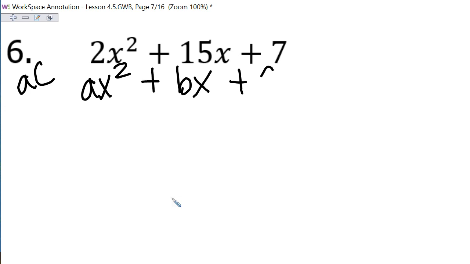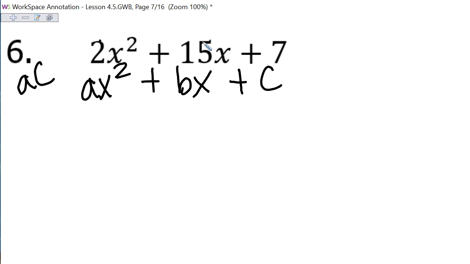So on Tuesday when we were doing the special cases, what did we say that AB meant? A times B. So if I'm using the AC method, what do you think AC means? A times C. So we need to multiply A, the number in front of the x squared, by our constant C. So the AC method, multiply the number in front of the x squared with the constant at the back.